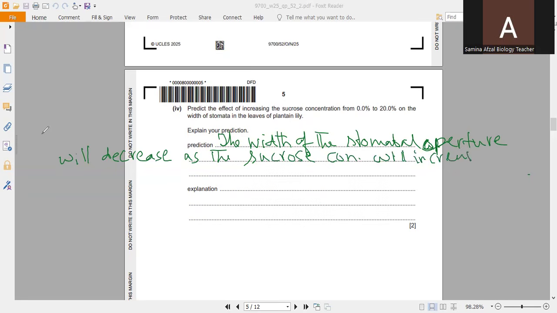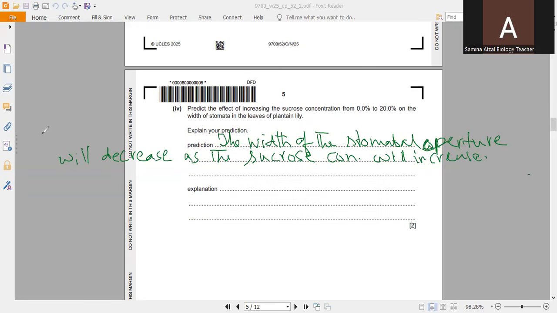Because as the concentration is increasing, the water potential is lowering, so it will affect the width of the aperture. For its explanation, we will say that the water potential, osmosis, and turgidity are the factors which will affect the opening or closing of these stomata.